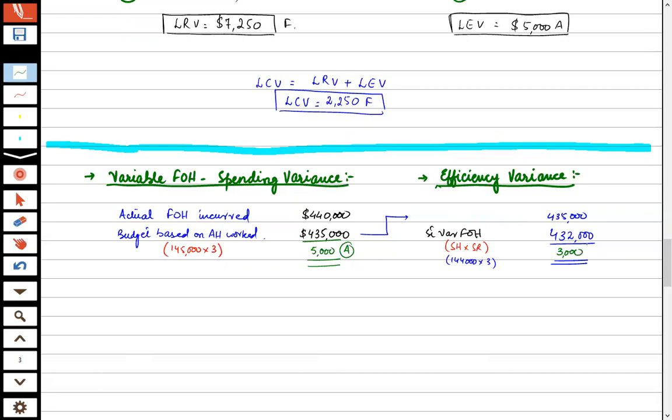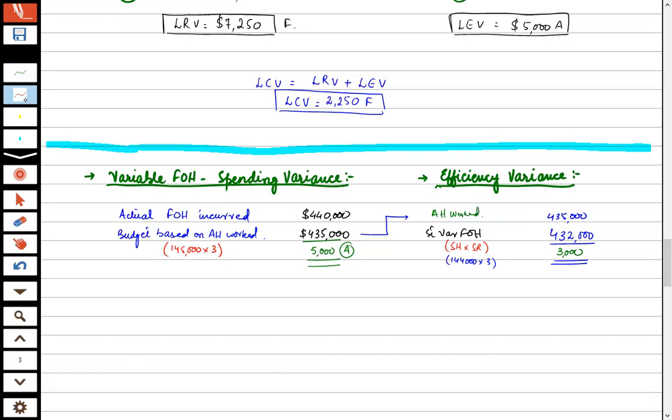Now see how it will be worked, whether it is adverse or favorable. It would be compared between these two. Now this is basically based on actual hours worked.